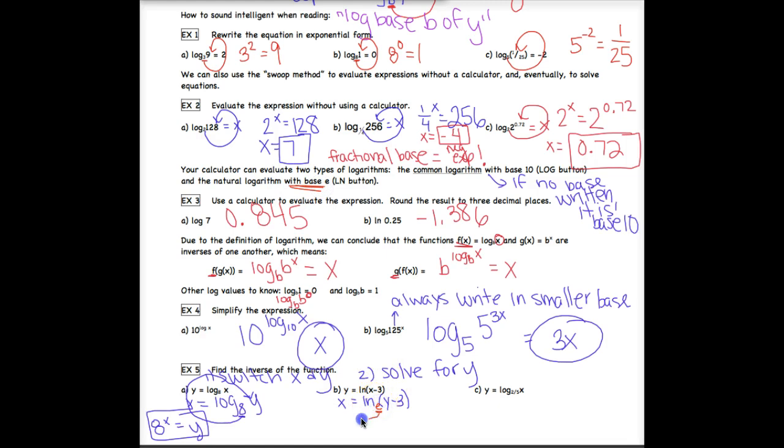So e to the x equals y minus 3. Here we're not done in one step like we were on the other one. To get y alone, I need to add 3 to both sides. These are obviously not like terms, so it's y equals e to the x plus 3.